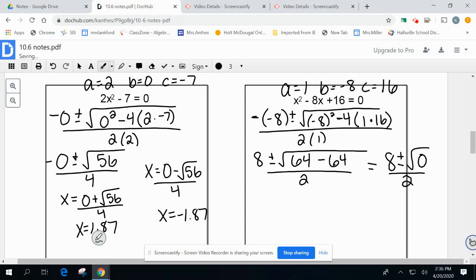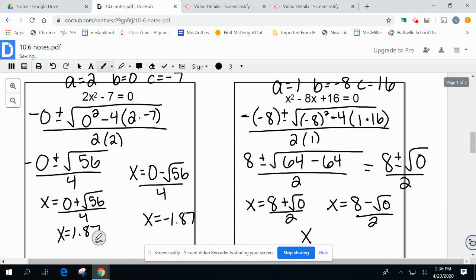Square root of 0 is 0, so I would have x equals 8 plus the square root of 0 divided by 2, and x equals 8 minus the square root of 0 divided by 2. Either way, I'm going to get the same answer, which is x equals 4. So on this problem, I only end up with one answer.